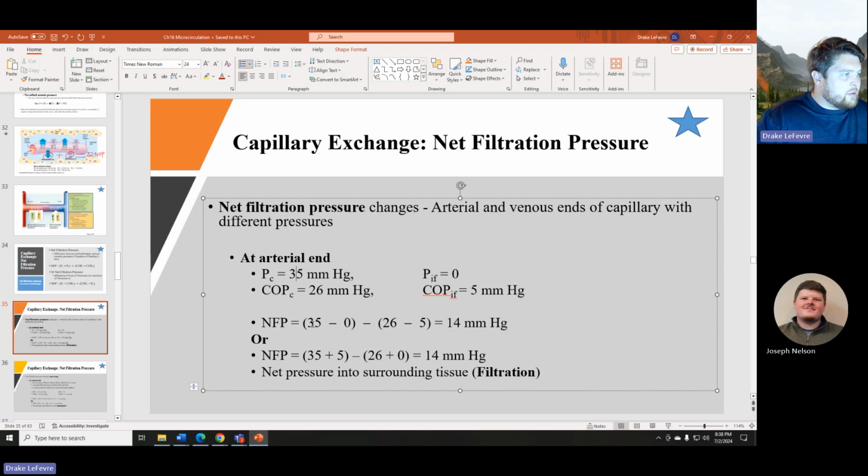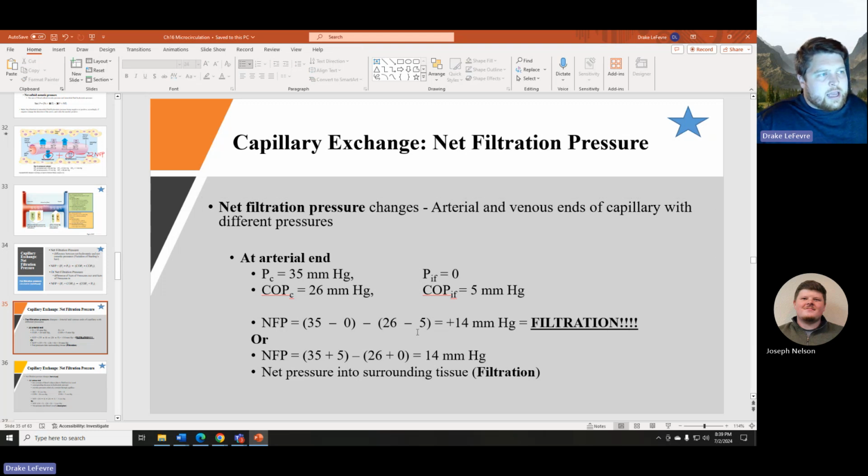Colloid osmotic pressure of the capillary. Colloid osmotic pressure of the interstitial fluid. It gives us all of the numbers. We plug all of those in using our equations. The 35 minus 0, so the hydrostatic pressures, minus colloid of the blood, minus that, gives us positive 14 millimeters of mercury. And because it's positive, we know that means filtration. So we know that more than likely this is on the arterial side of the blood vessel.